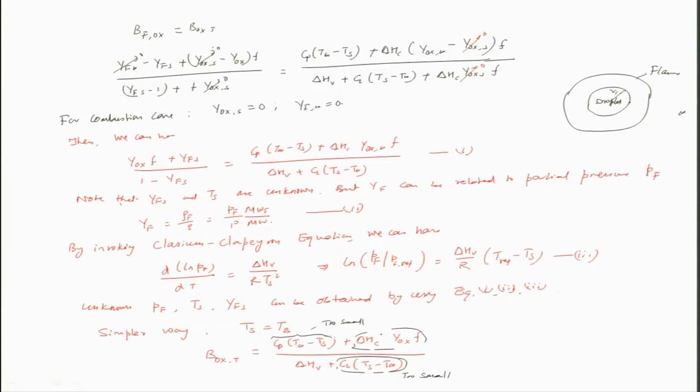And then I can say this is basically delta Hc Y oxidizer F into delta Hv, which is very easy to find out because all are known. See, you are eliminating a lot of things. Y oxidizer you will be knowing, F you know, delta Hc you know, delta Hv you know. This is of course an approximation.